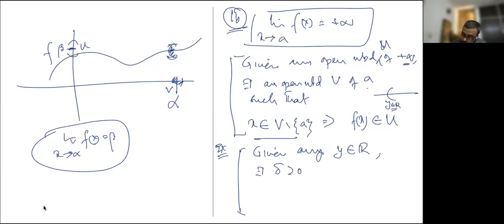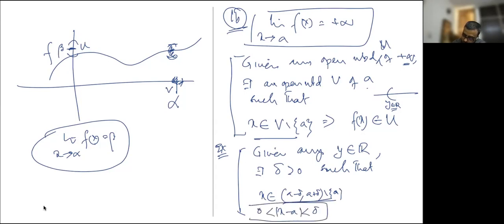There is a delta such that x belongs to a minus delta to a plus delta minus a. So this you can rephrase like the previous case, |x minus a| less than delta, if you want. These are two different ways of saying the same thing, so that does not matter much. This should imply that f(x) is greater than y.